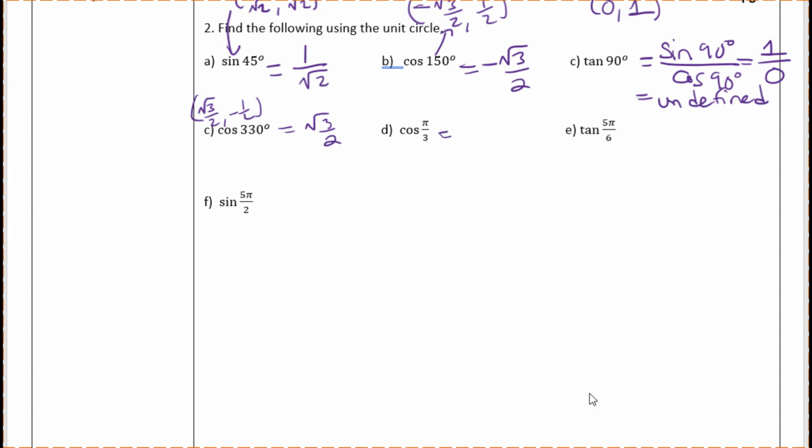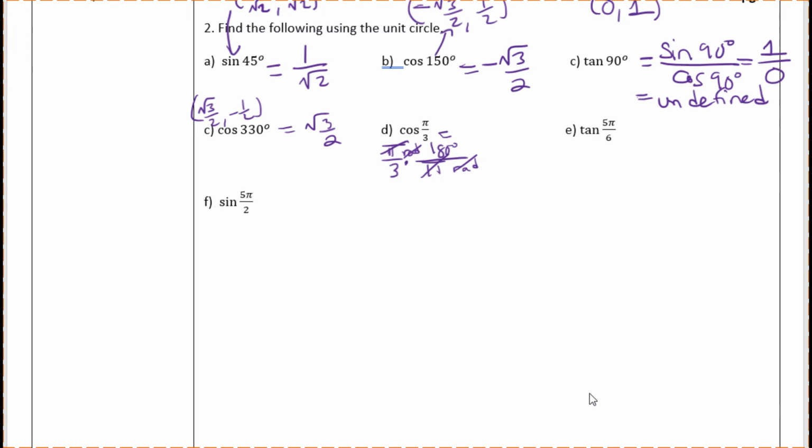Now we're looking at some radians here, cosine of pi over 3. So remember, we have radians here, so radians have to be on the bottom to cancel. There are pi radians in 180 degrees. So now the pi's cancel and the radians cancel, and 180 divided by 3 is 60 degrees.